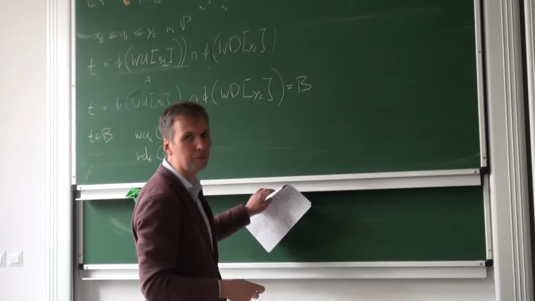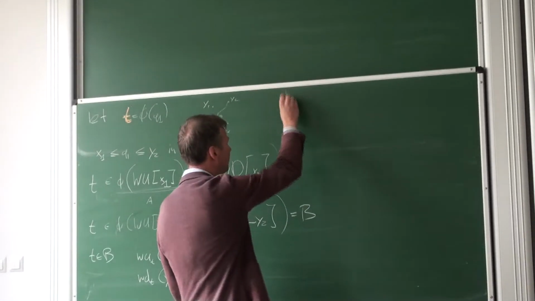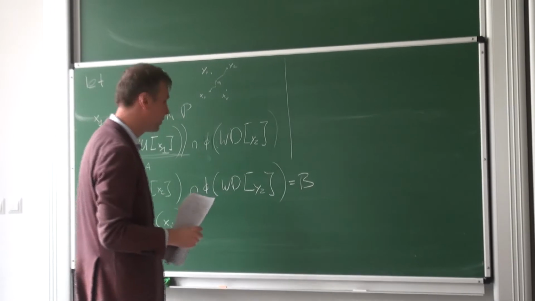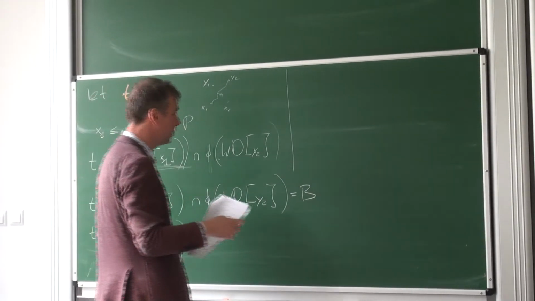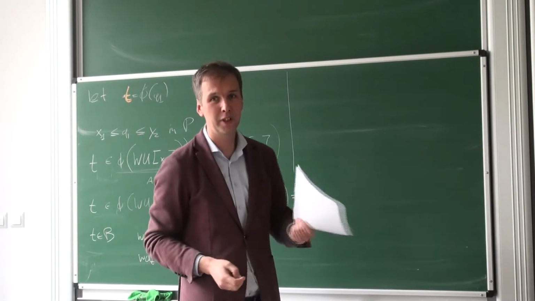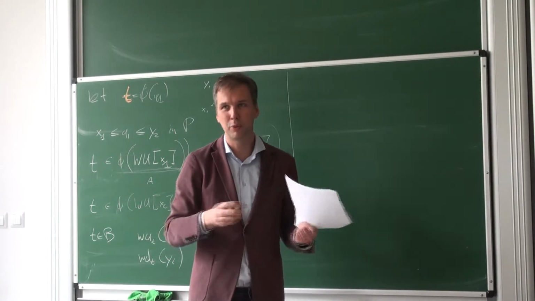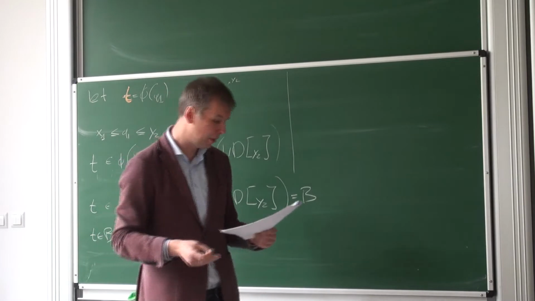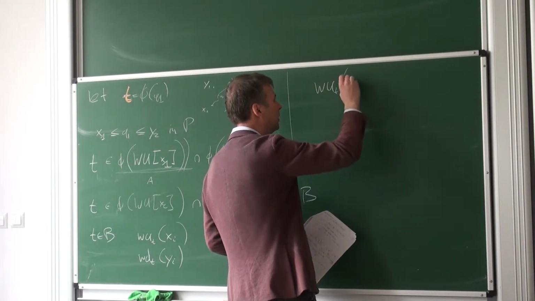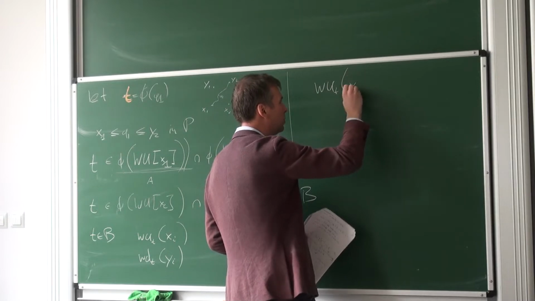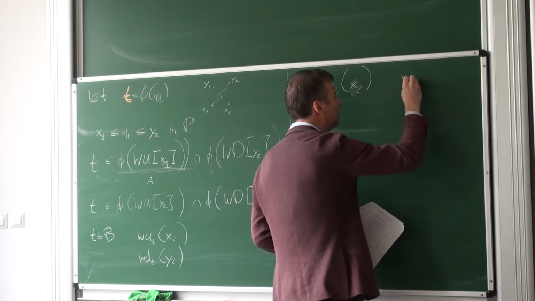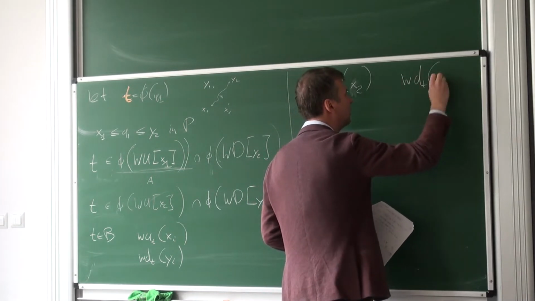So now the proof splits into two symmetric cases, and basically it is about whether T is in C or not. But more descriptively, it's about the relation of WUT of x2 and WDT of y2.